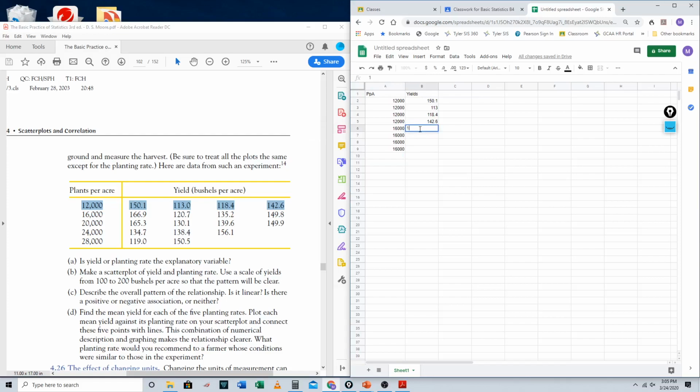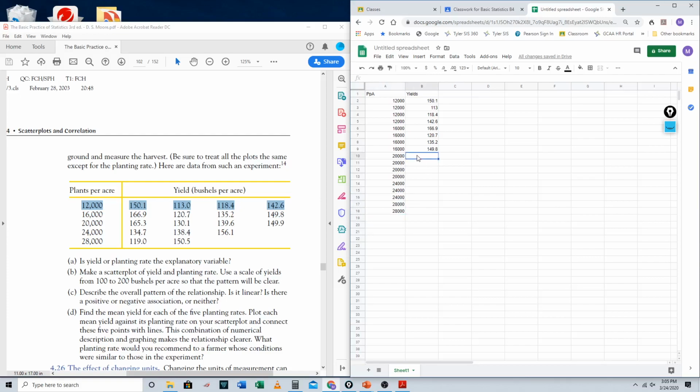For these, we had 166.9, 120.7, 135.2, 149.8. And 20,000, 3 of these. And then 24,000. Oh wait, there were 4 of these. 3 24,000s and 2 28,000s.